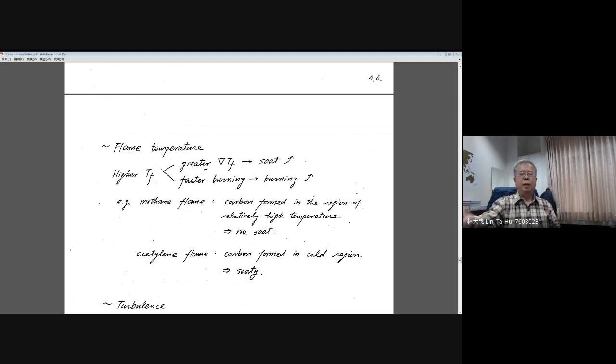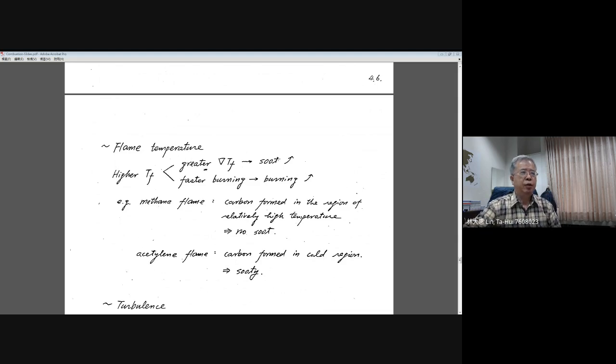Now you can see there are two chemical reactions competing. One is soot formation, which depends on the flame temperature. The other one is burning, which depends on the distance away from your diffusion flame.